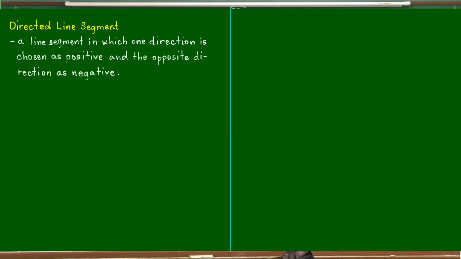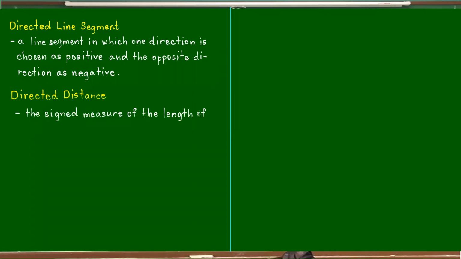directed line segment. So when we say directed line segment, it is a line segment in which one direction is chosen as positive and the opposite direction as negative. Meaning it is a line segment with sign, no? When it comes to their values, the values can be negative, can be positive, okay?